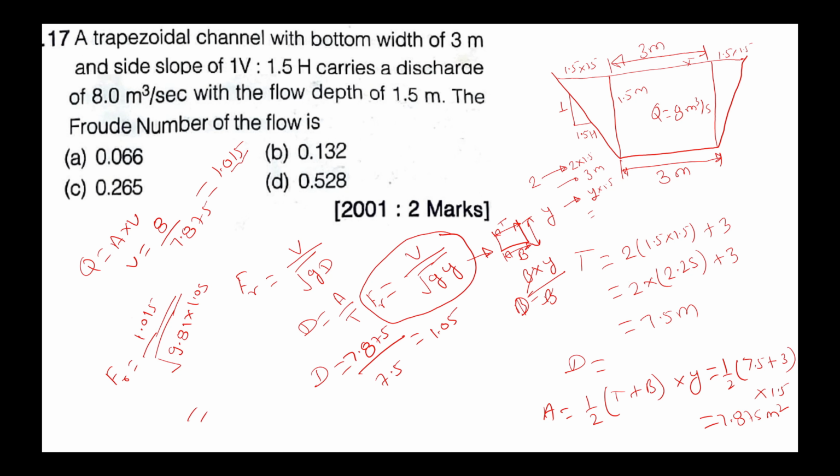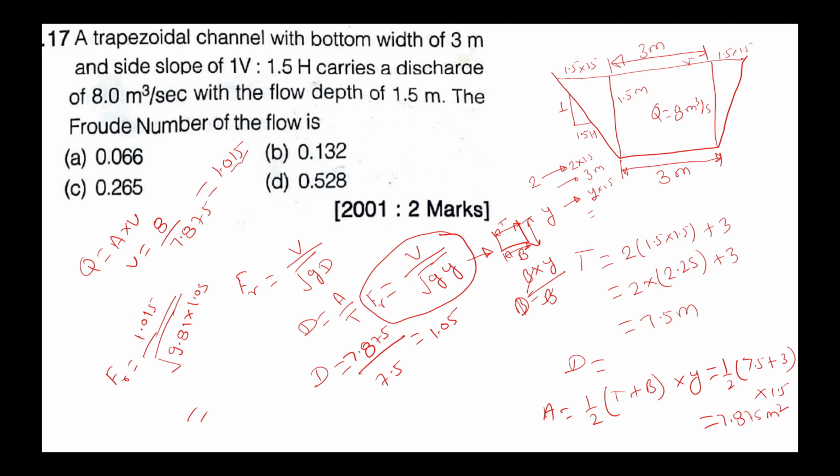So finally let me check, 1.015 divided by under root 9.81 into 1.05.